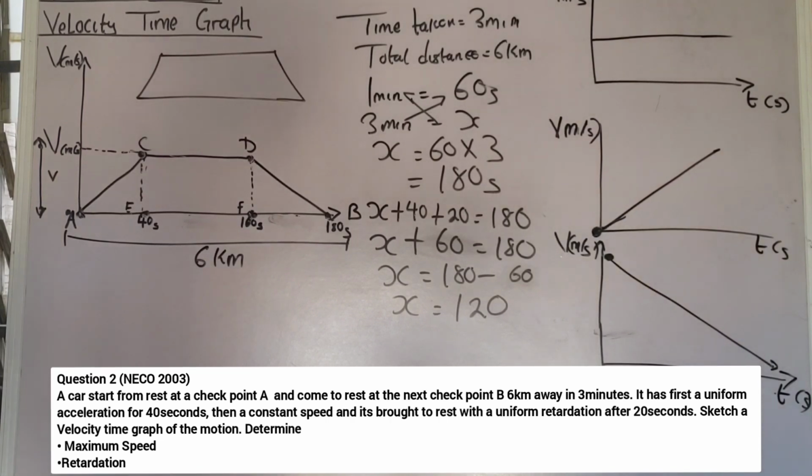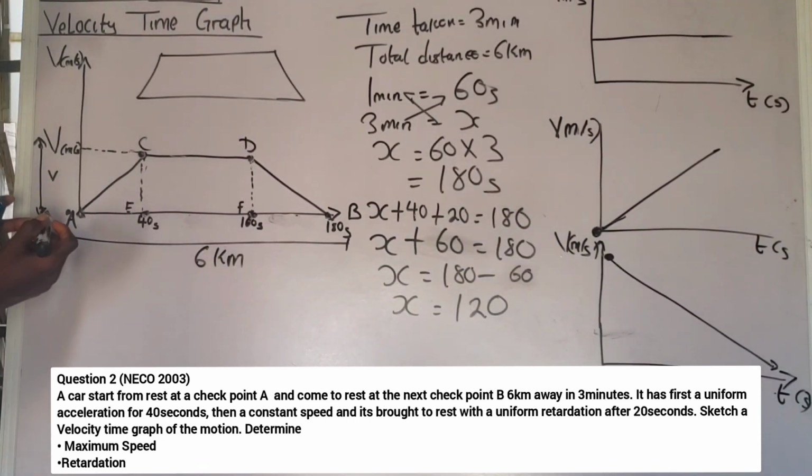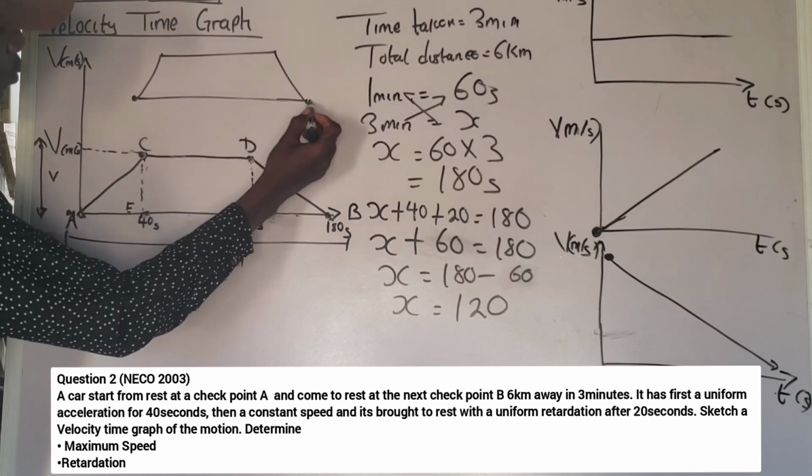Our area will now lead us to the value of our v, which is the maximum velocity. Now, area of a trapezium is given by half multiplied by... Please pay attention. From this point to this point is what? 180.